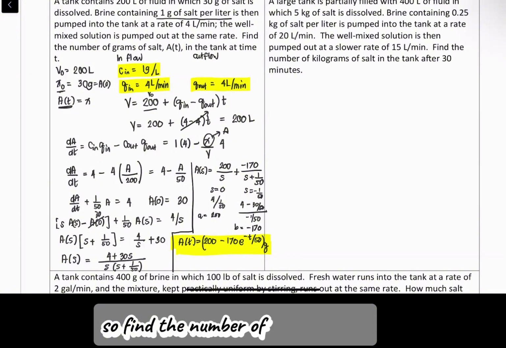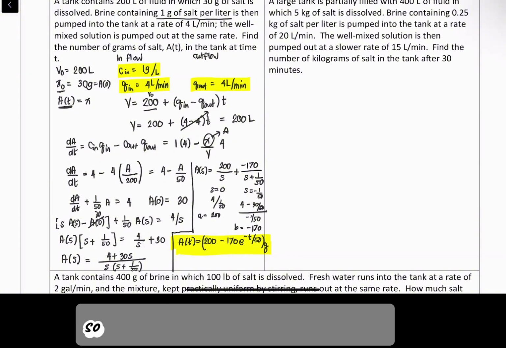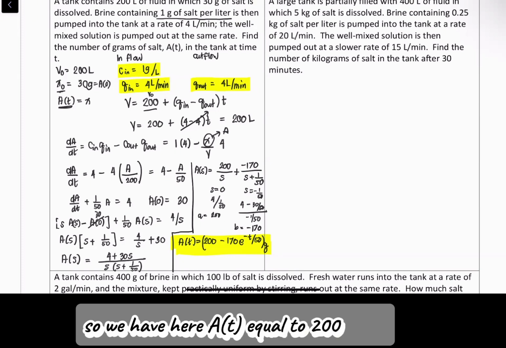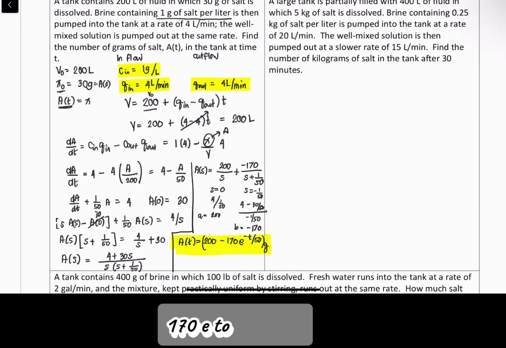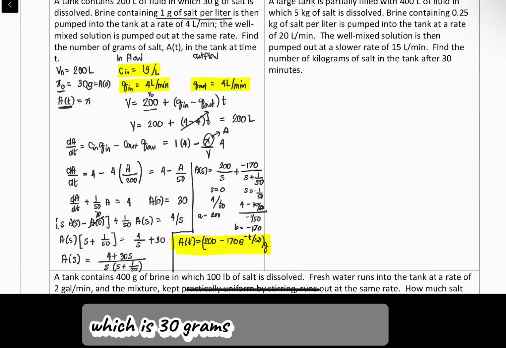So find the number of grams of salt A of t at any time t. So we have here A of t equal to 200 minus 170 e to the negative t over 50. At time equal to 0, it would be 200 minus 170, which is 30 grams, the initial condition.